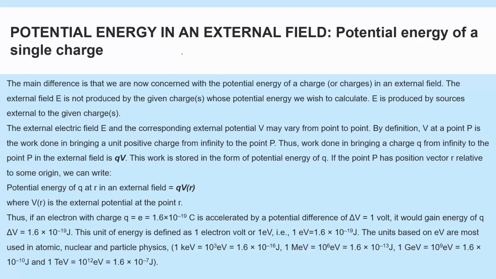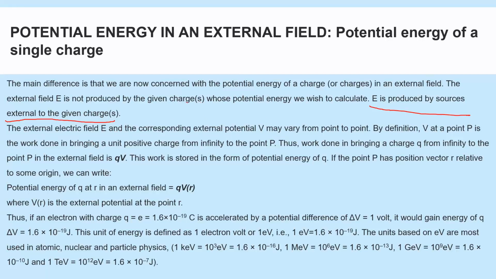Suppose the electric field that is present is not actually produced by the charges that we are considering. Suppose we don't know. Suppose the E is being produced by sources external to the given charges. So the external electric field and the corresponding external potential V will vary from point to point. We don't know, these are unspecified.